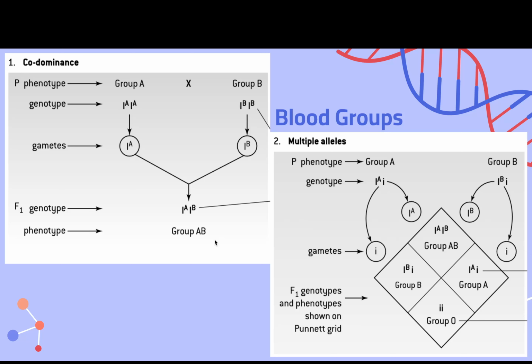Multiple alleles in our blood groups is when there are two heterozygous parents.